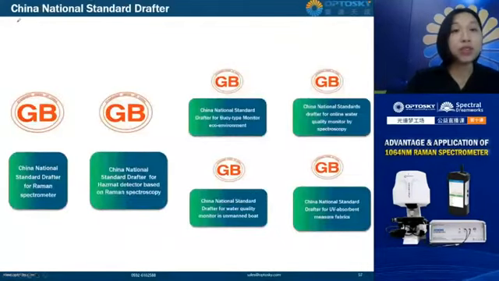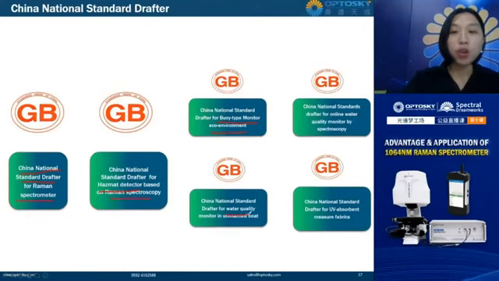And not to mention, we are a China National Standard Drafter. We are the China National Drafter for Raman spectrometers. We are the China National Standard Drafter for the hazardous material detector based on Raman spectroscopy. And we are also a China National Standard drafter for the bio-type monitor for eco-environment.